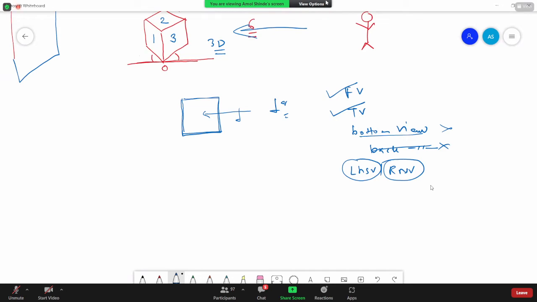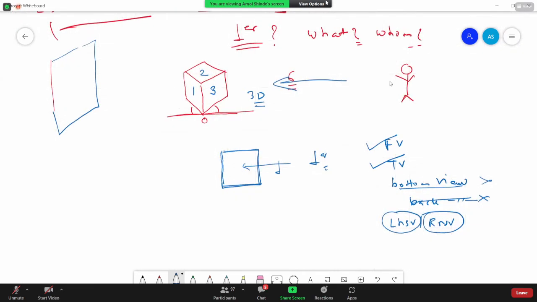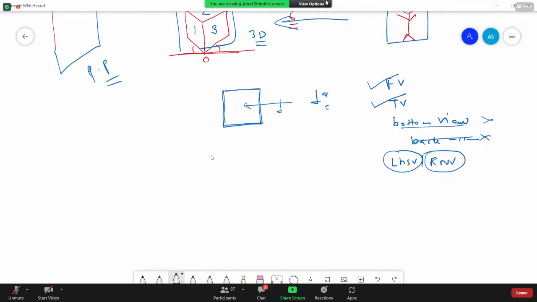And now, as we explained here, to project anything, we compulsorily require an observer, an object, and a plane of projection. We require these 3 things. If I want the front view, it is on a plane, and that plane is called VP, or vertical plane.